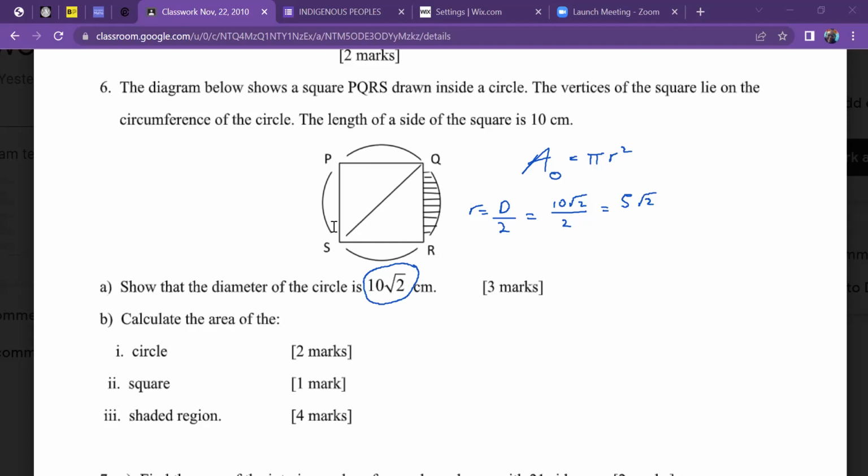Okay. So again, we know that area of the circle is equal to pi, which is, I'm going to say 22/7, multiplied by 5 root 2, and we're going to square that.